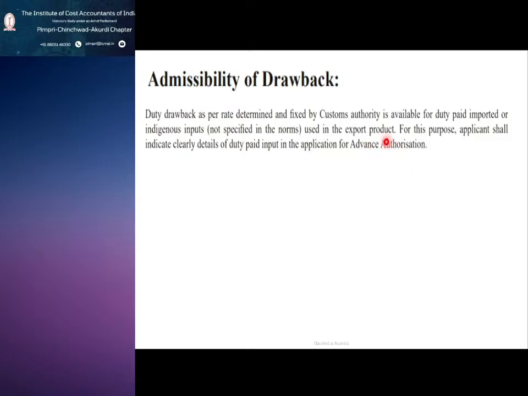So when we apply for the advance authorization, we should be able to clearly mention the raw materials which we are going to import and what duty rate is applicable. So when we are submitting our application online, at that time itself we should be able to know everything, what is the duty applicable.